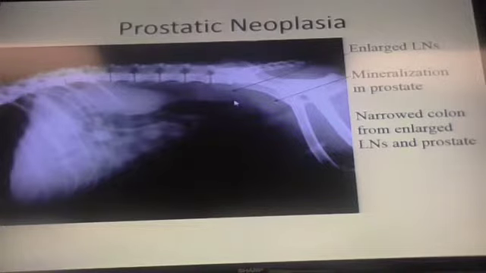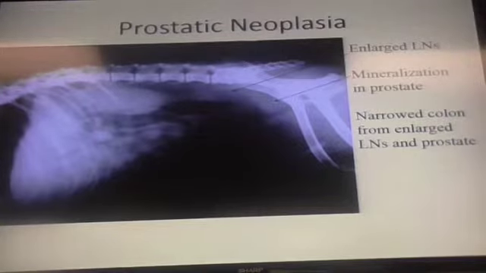If it's tapering, that means that something is pushing dorsally, and then there's something pushing ventrally. So in this case, there's prostatic disease and lymphadenopathy. And the fact that you see the mineralization within it, you would think, okay, this is more likely prostatic neoplasia with regional metastasis. And that would be your radiographic diagnosis.